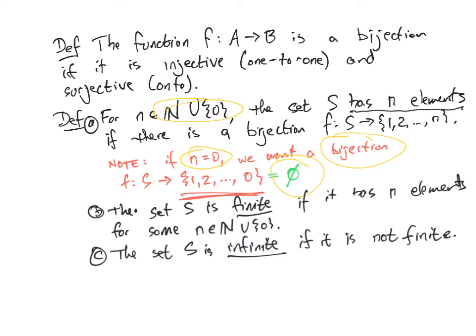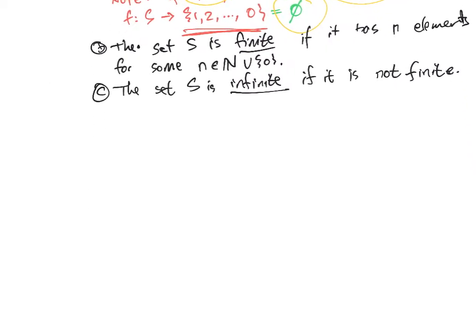We have a theorem then. Well, yeah, I guess we'll call it a theorem. And that's that the cardinality of a set, the number of elements in the set, can only be one thing. So we're going to call this the uniqueness theorem.